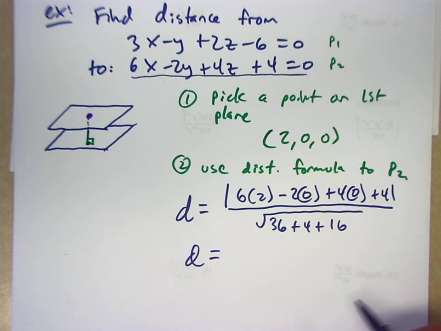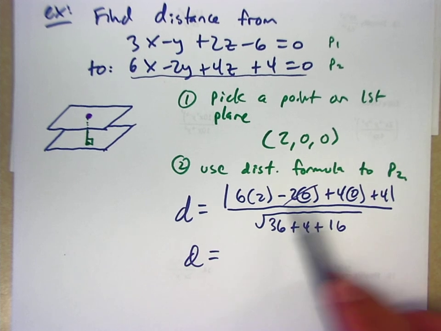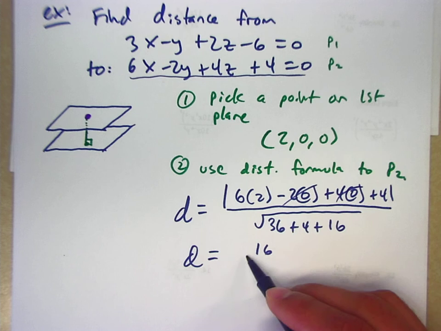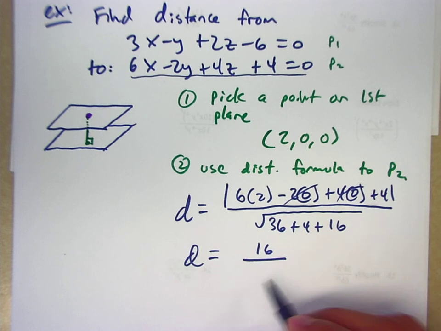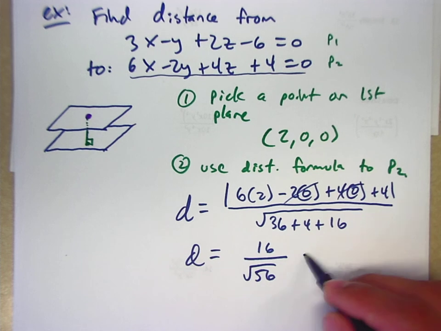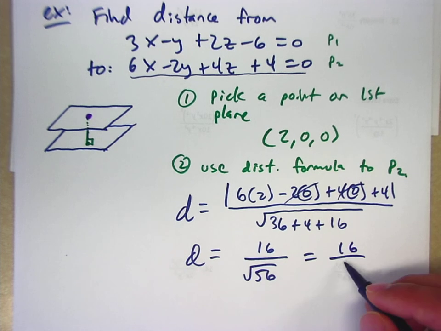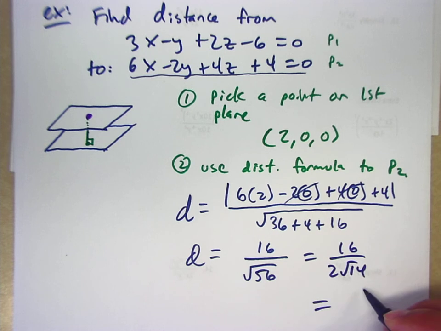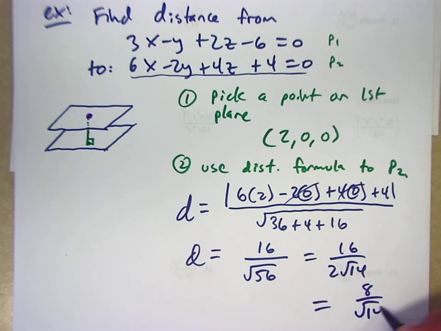Simplify that. 12 plus, these go away. 12 plus 4 is 16. Down here we get root 56, which I guess we can reduce. Root 56 is the same as 4 times 14, so that's 2 root 14. So I'm getting 8 over root 14 for the distance.